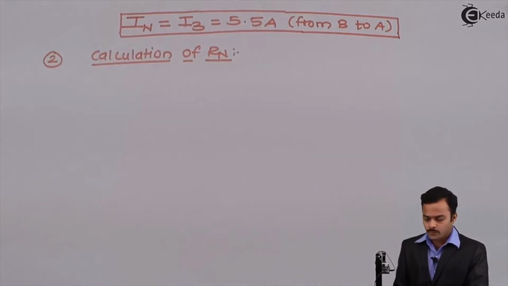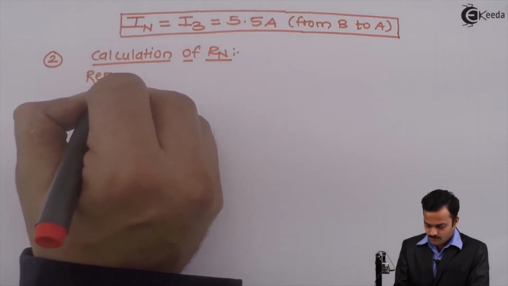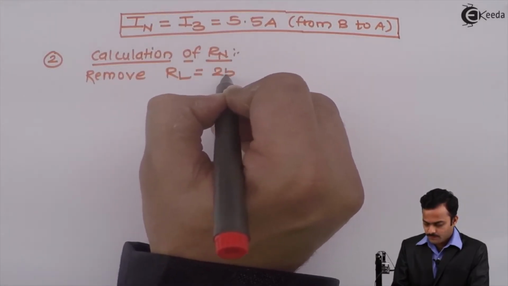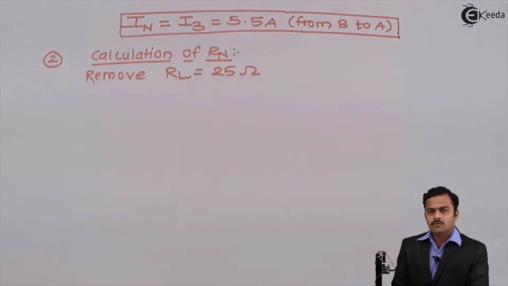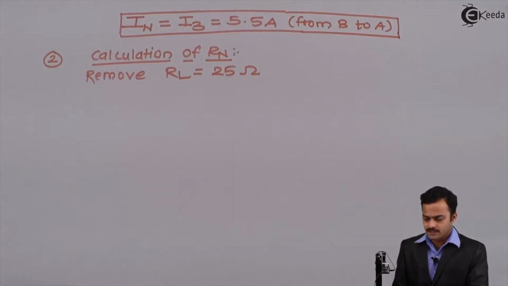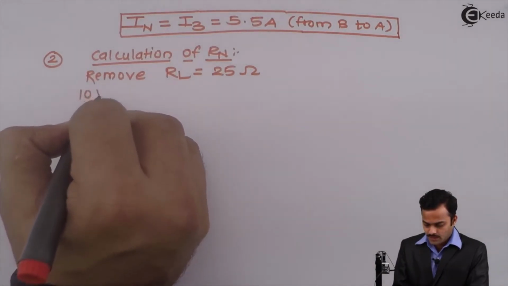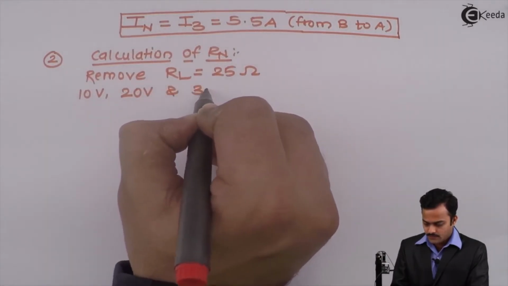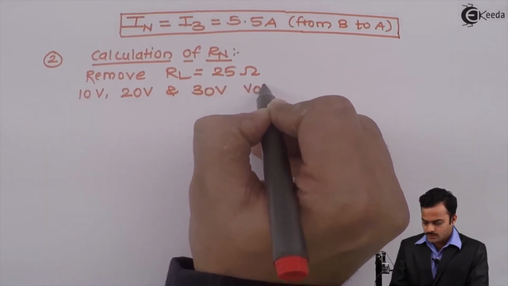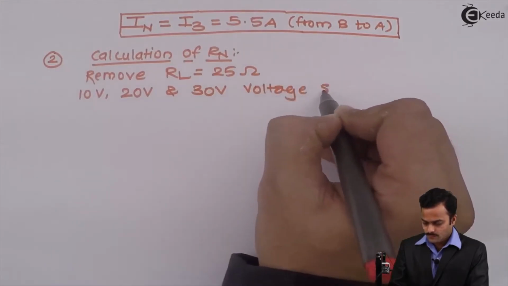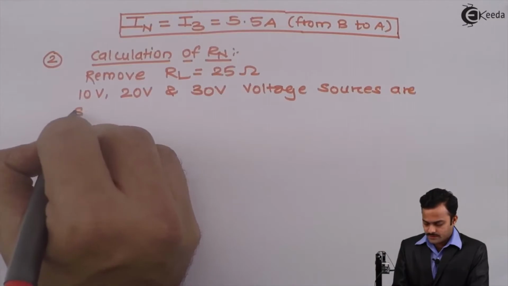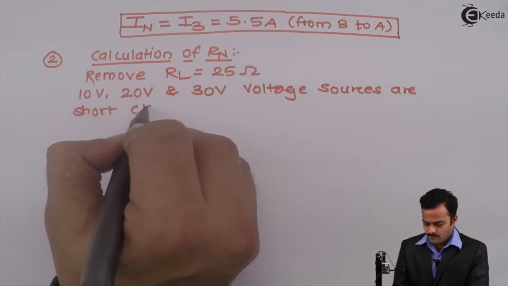For this we need to remove RL. In this case it is 25 ohm. Voltage source need to be short circuited. So here I am having 10 volt, 20 volt and 30 volt. So these voltage sources are short circuited.